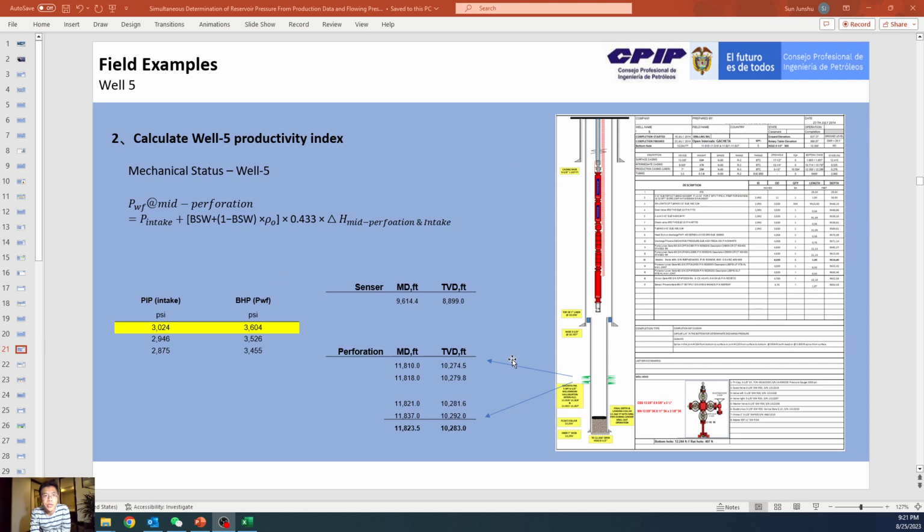The second procedure is to calculate well 5 productivity. As we introduced in the mechanical status slide, the flowing pressure at the middle perforation equals intake pressure plus the gravity pressure.